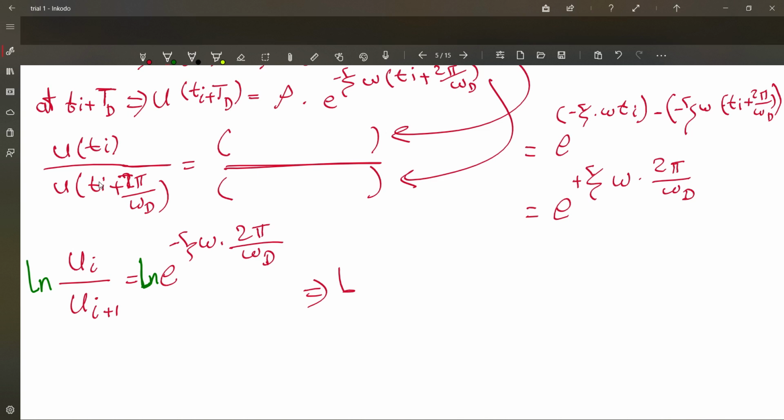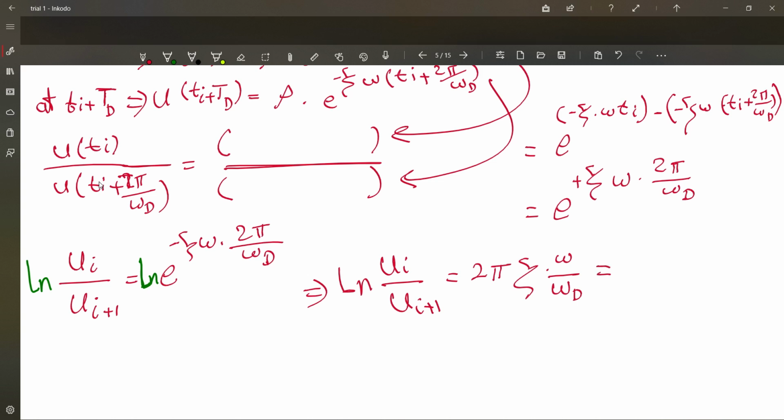Based on that, we are going to find that ln of ui over ui plus 1, the ratio between the displacement at point i over the displacement at point i plus 1, which is one cycle after, is going to equal 2 pi psi omega over omega d. Right? This is what we are going to have here.